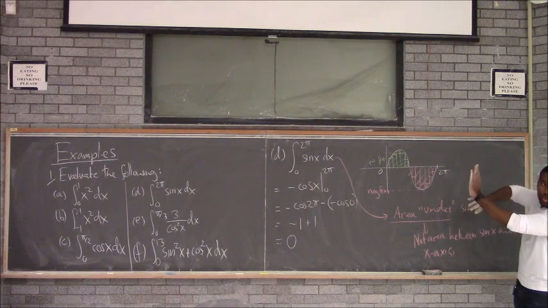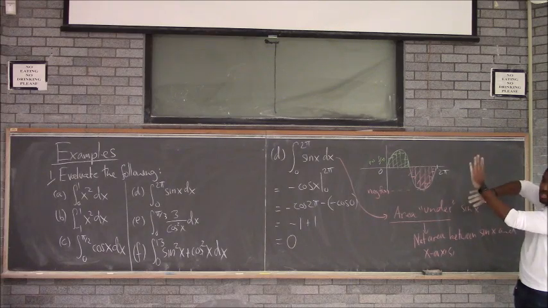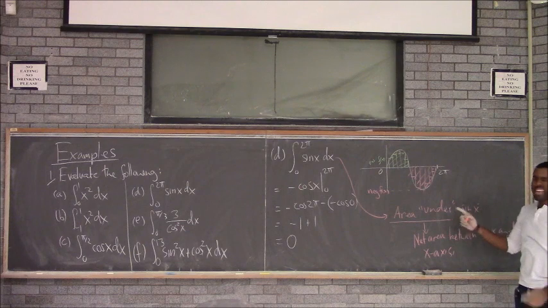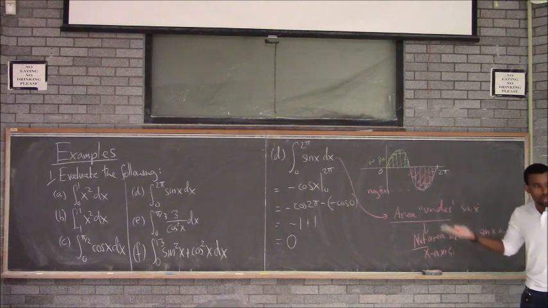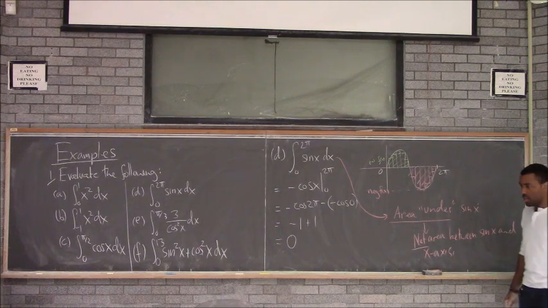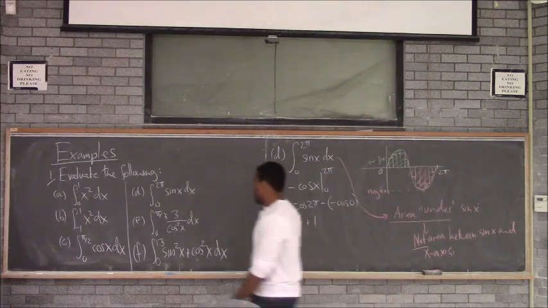It'll give you a negative area when the graph is below. So if you integrate over a region that has both positives and negatives, the negatives will subtract from the positive area. So you're not getting the actual area bounded by the curve, you're getting a net area. But we always just call it the area under the curve, because that's what we were thinking about when we developed it. But that's not exactly correct. So it's the net area.